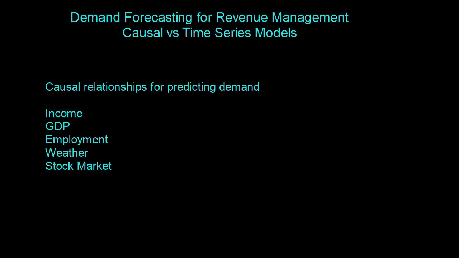So if we were building a regression model for revenue management, what we would want to determine is what relationships drive demand for air travel. So you could think of those kind of variables, and I've just thought of a few here. Maybe higher income drives higher demand if the economy is doing well. So if GDP is high, there will be higher demand.